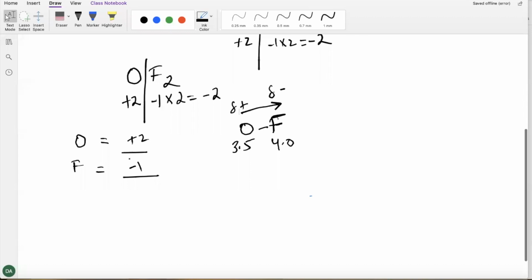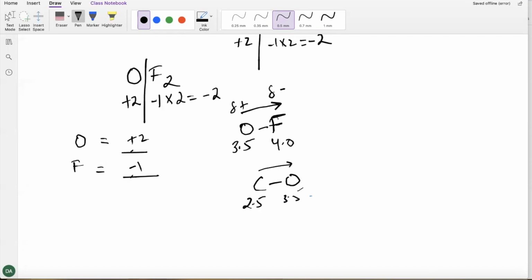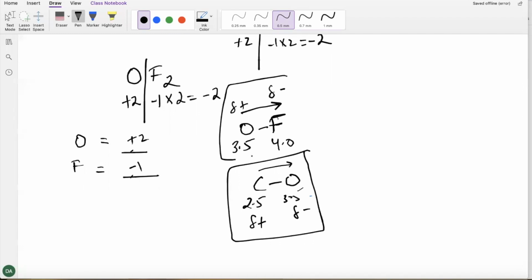Now the number being +2 does not mean anything here. It just means that we're trying to make them follow what the periodic table says. The significance is only the positive and the negative. Now, if you look at CO, carbon was 2.5 and oxygen was 3.5, and we made the arrow towards oxygen, so oxygen was partially negative and carbon was partially positive. In this example oxygen is partially positive, and in the other it is partially negative.